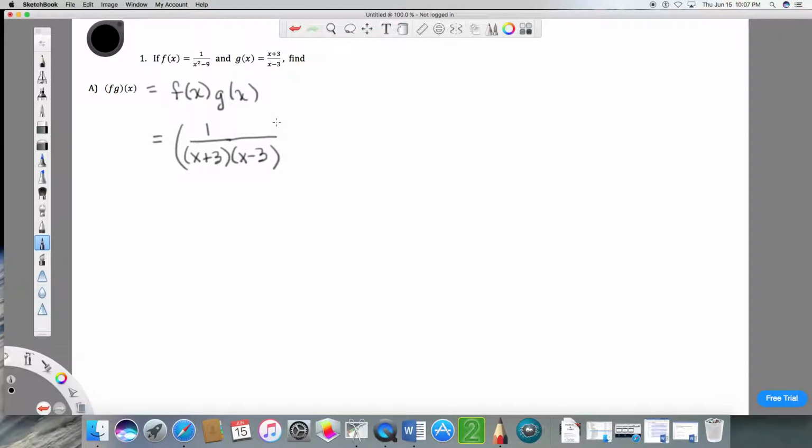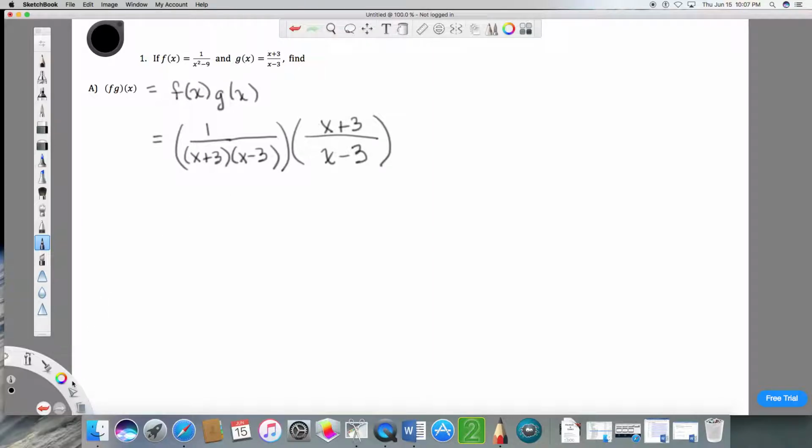Because when I'm multiplying these two together, oftentimes with ratios, since you always want to give your final answer in lowest terms, it's often easiest to cancel common factors as quickly as you can.